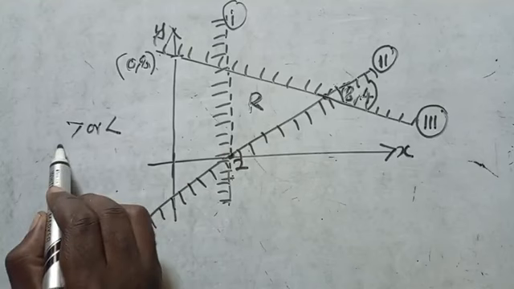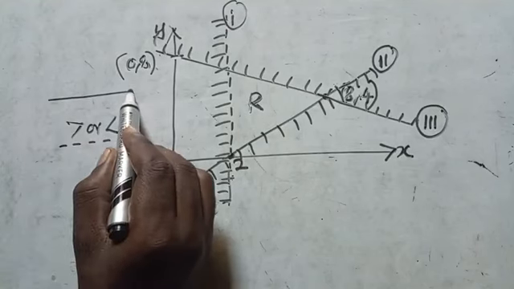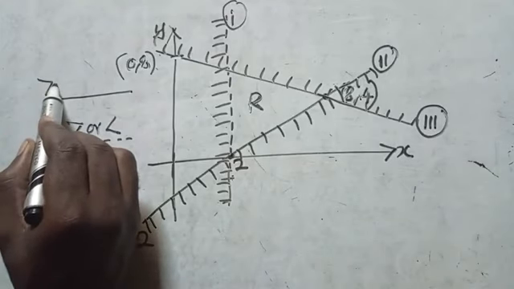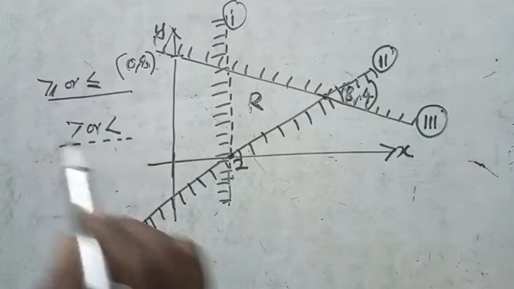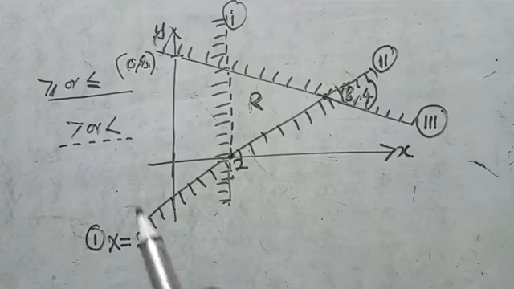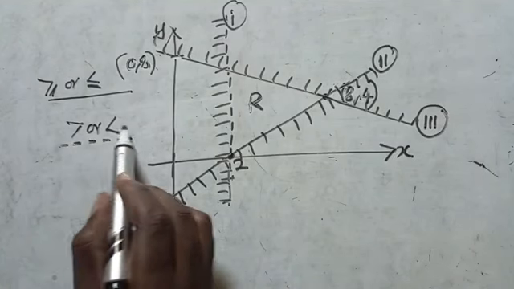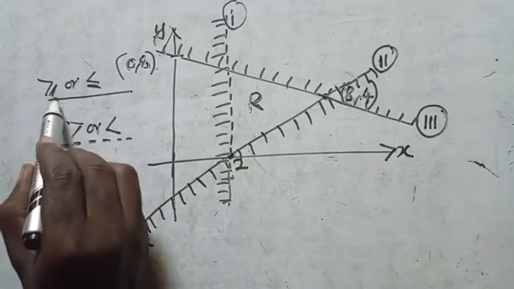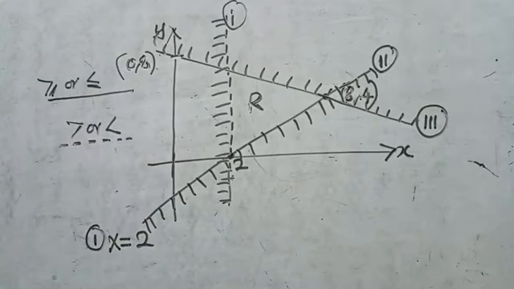We use this when it is dotted. But when it is solid, we use greater than or equal to, less than or equal to. So you just need to understand that if it is dotted or broken, we use these inequalities. When it is a solid line, we are going to use those 2.